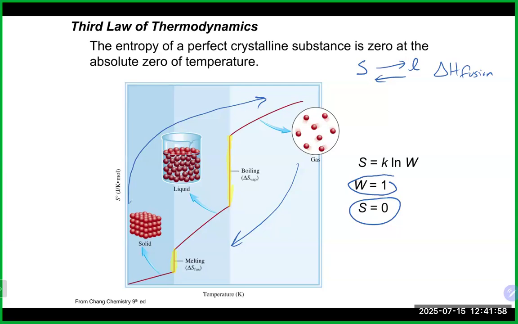That occurs at the normal melting point and freezing point. For something like water, it's about 6.02 kilojoules per mole for the delta H of fusion. That would be right about there.